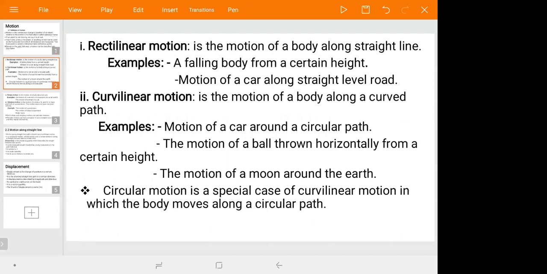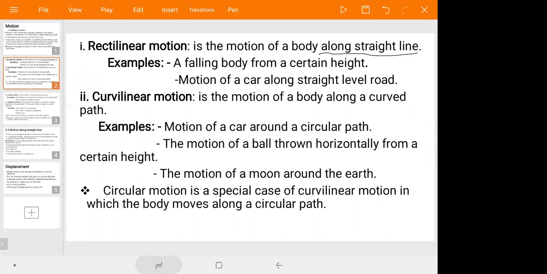Rectilinear motion is a motion of a body along a straight line. All motion which occurs along a straight line is what type of motion? Rectilinear motion. Example: a falling body from a certain height, or the motion of a car along a straight line.